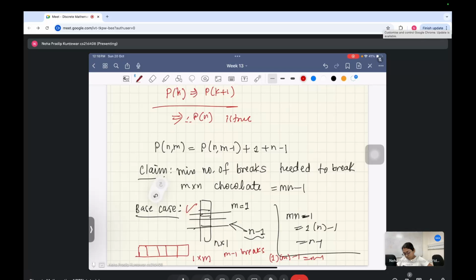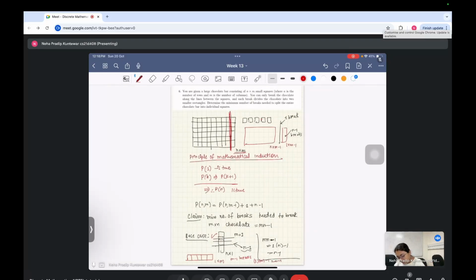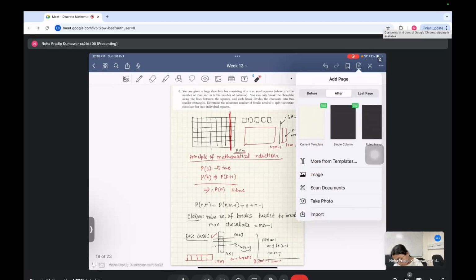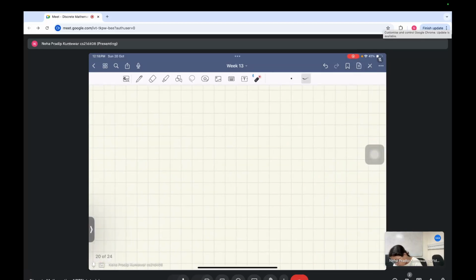Now we will use our idea that we were describing here of breaking it in the middle, breaking it into one column. So what will that give me? I want to say that p of n comma m, I want to solve this.